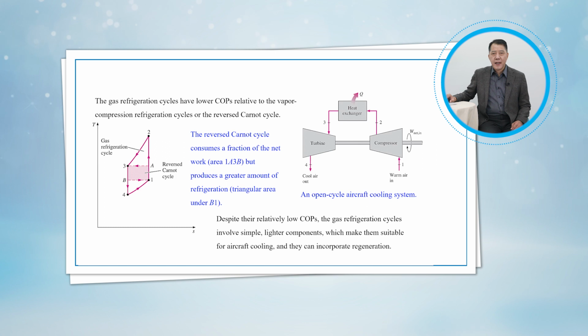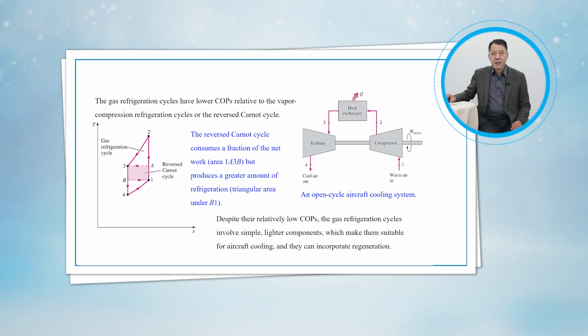Despite their relatively low COPs, gas refrigeration cycles have two desirable characteristics. They involve simple, lighter components, which make them suitable for aircraft cooling, and they can incorporate regeneration, which makes them suitable for liquefaction of gases and cryogenic applications.